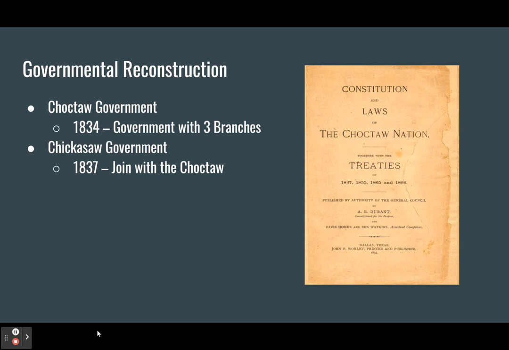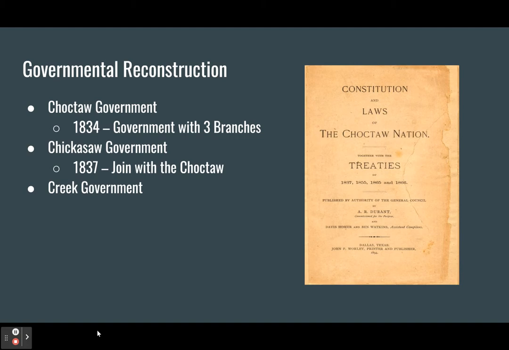And after establishing their own independent government, they create a constitution that's essentially identical to the Choctaw government. So just think of their government as similar to what the Choctaw has.